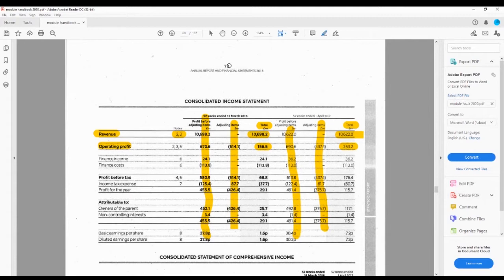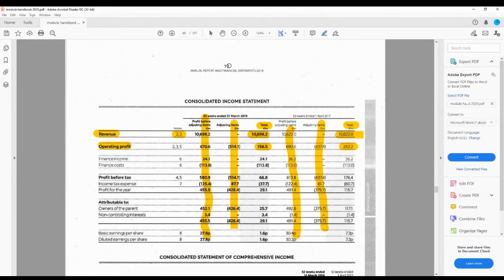So we don't need the first 2 columns for each year. We only look at the 2018 total columns for both. So what we need, first of all, is an operating profit figure. As you can see, I have highlighted operating profit, and operating profit for 2018 is 156.5 million pounds.